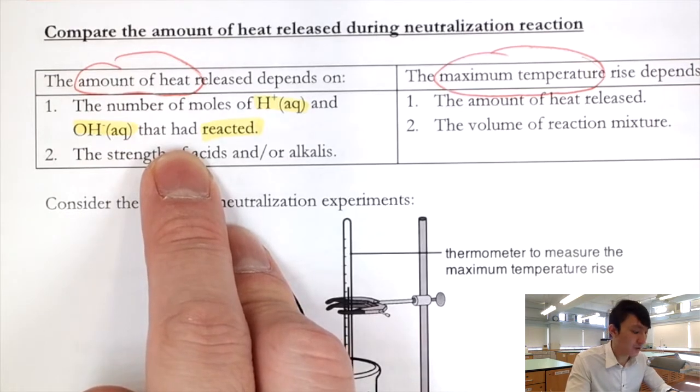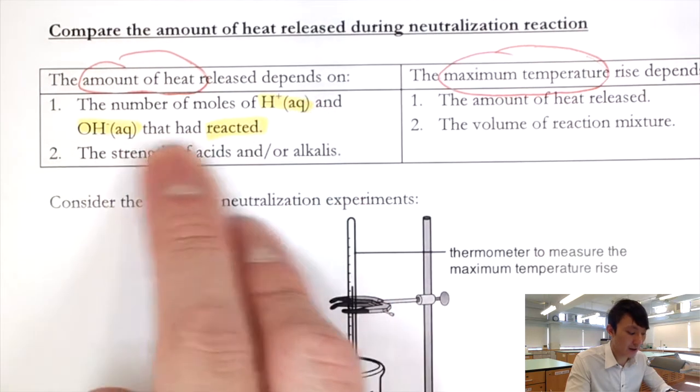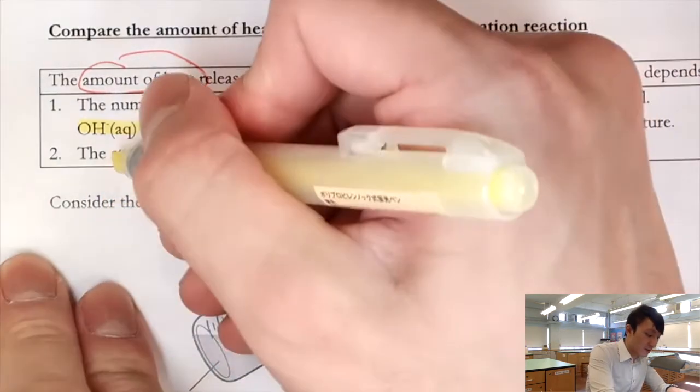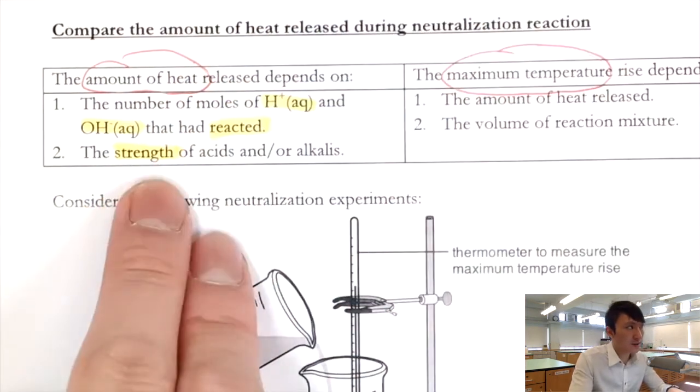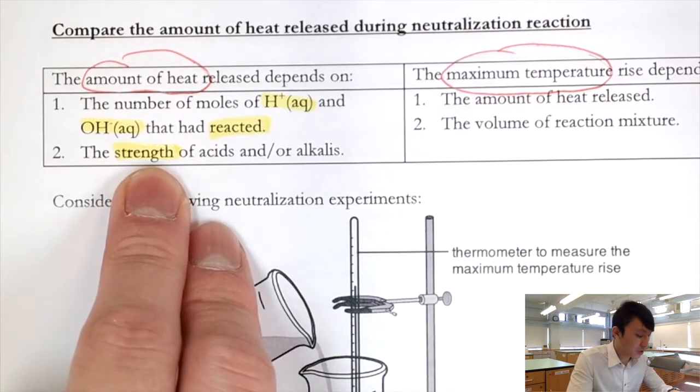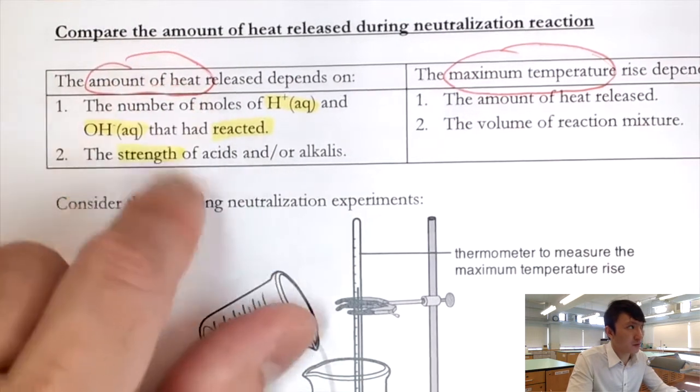So the first part here is the actual number of mole of H+ and OH- reacted. The second part is, of course, the strength. If it is a weak acid or weak alkali, less heat will be released. So the total amount of heat depends on these two factors.